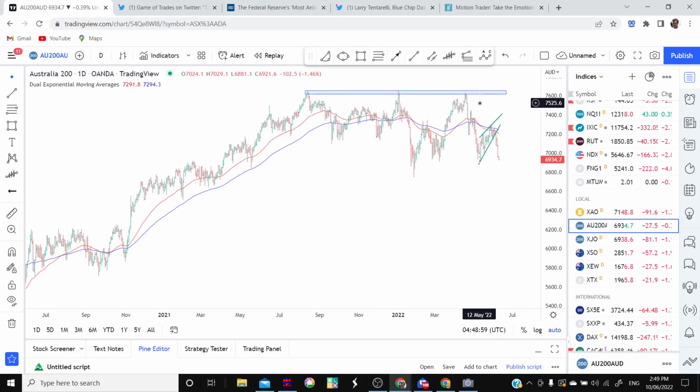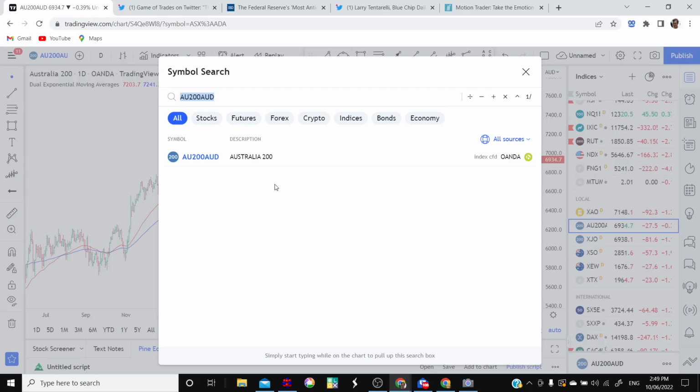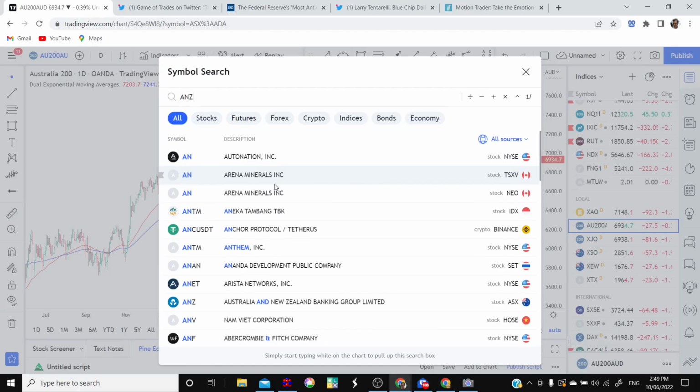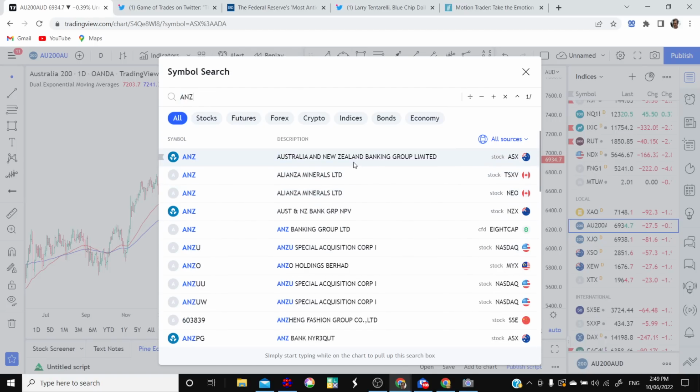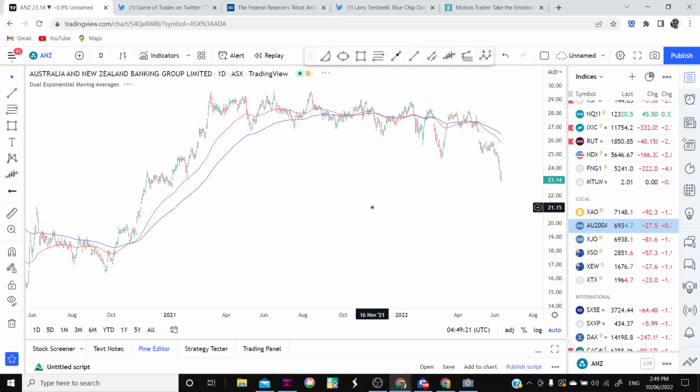The problem I'm seeing for the ASX 200 right now is that the big banks are starting to break lower, and big banks are one of the key pillars which have been supporting the market. So I've been following the charts of the banks. The one which stands out as the weakest is ANZ. We'll just quickly have a look at that.